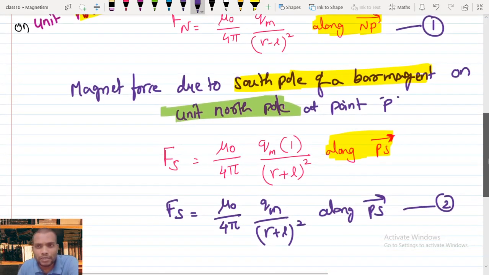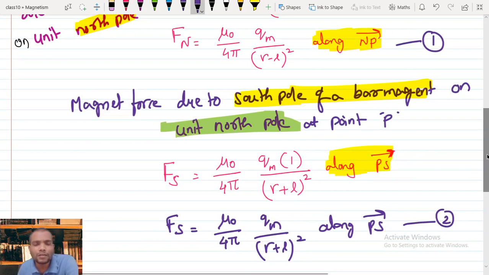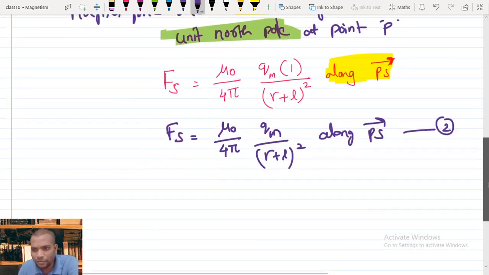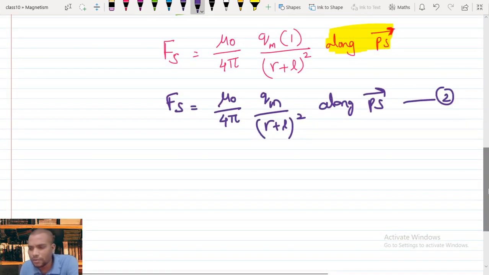Now at the same point we have two different forces, and the two forces are opposite in direction. One is acting along the east direction, another along the west direction. To get the net force, we need to sum up these two forces.